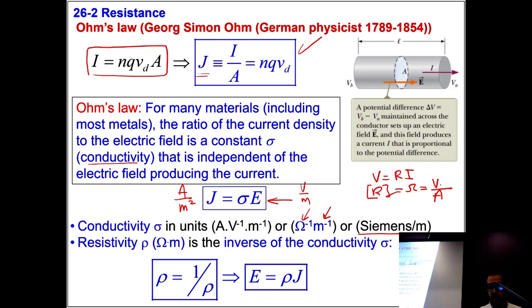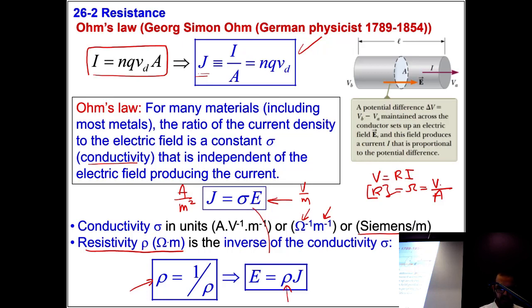Usually, you are familiar with resistivity. Resistivity is actually 1 over the conductivity, the inverse, in units of ohm meters. So resistivity, which is rho, is equal to 1 over conductivity, 1 over sigma, and hence we can write the electric field is equal to the resistivity times the current density.